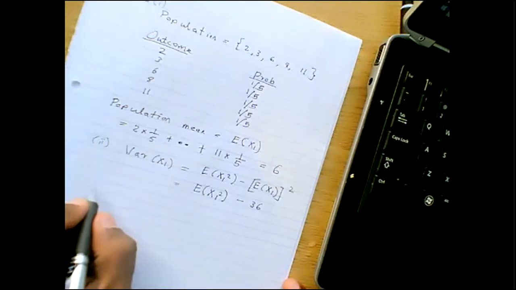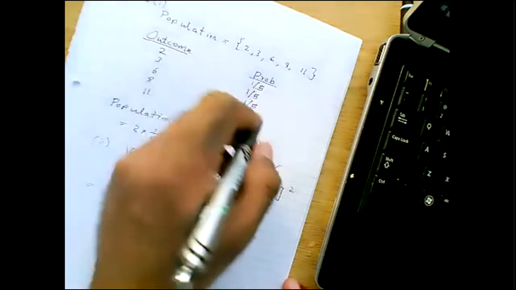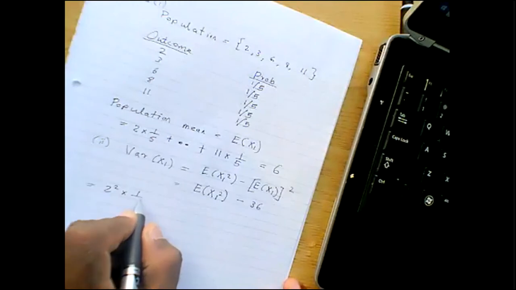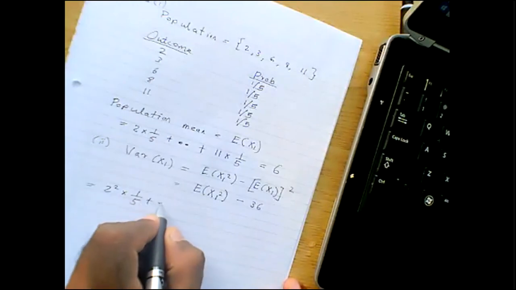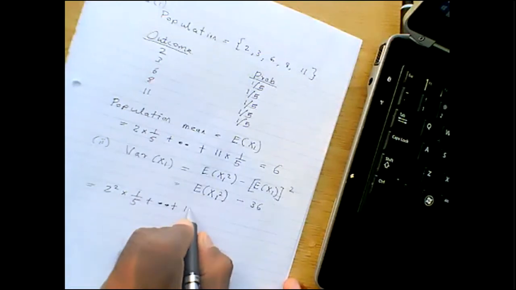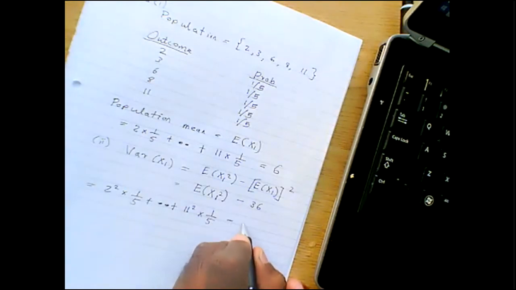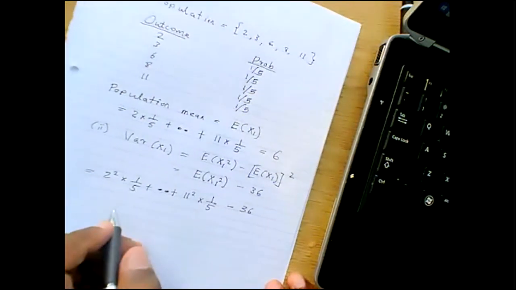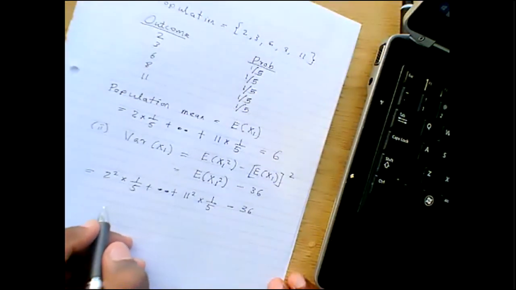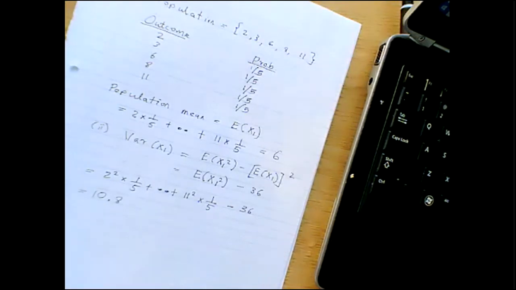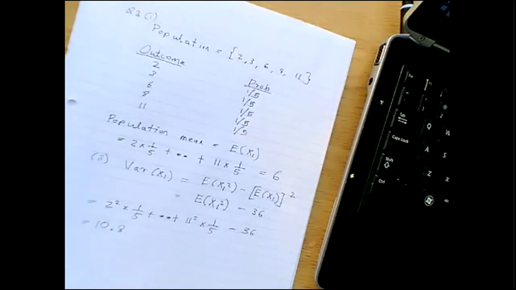Now this guy we can compute using the table. If you compute this, you will get 10.8. All right, so these are the first two parts of question 3.